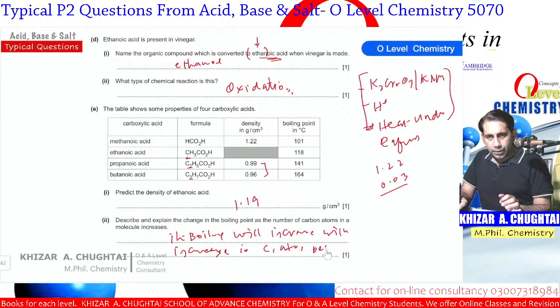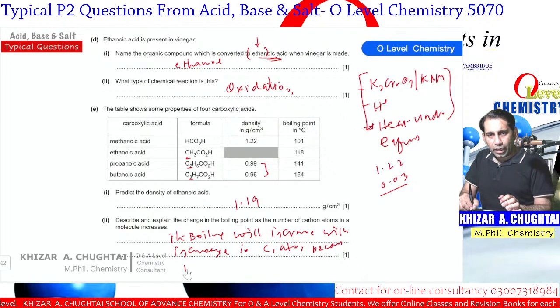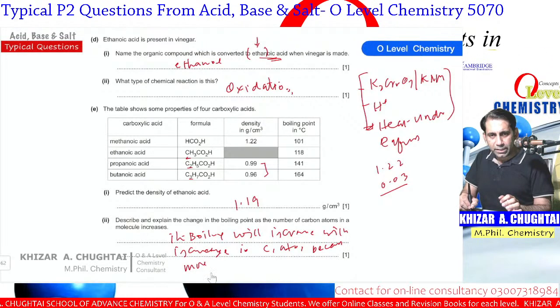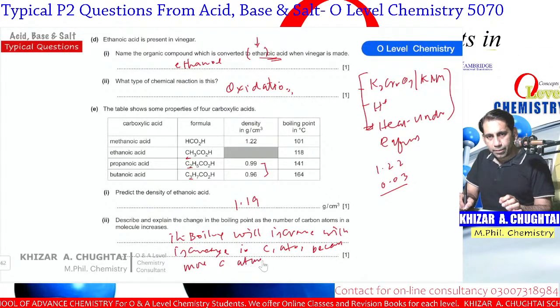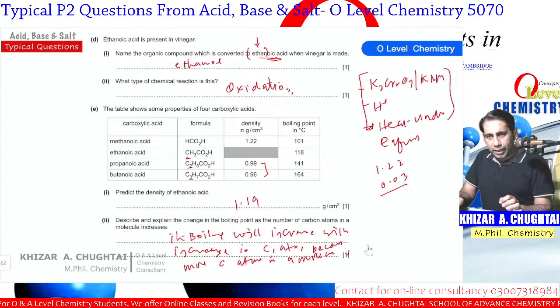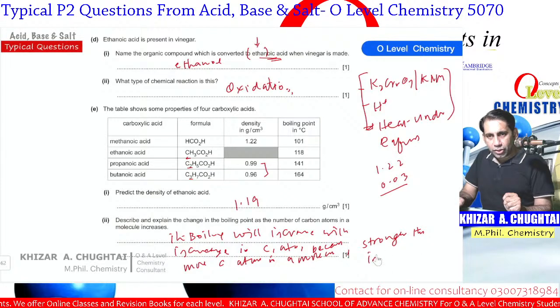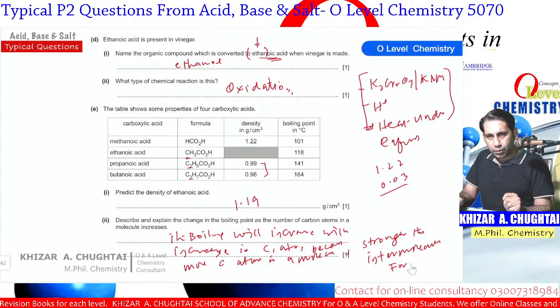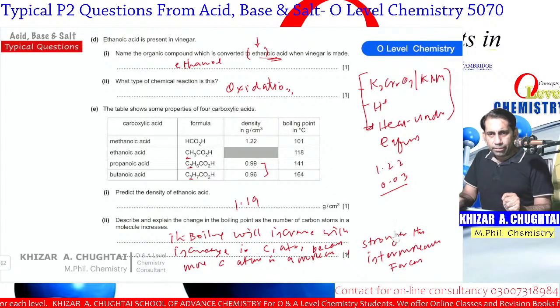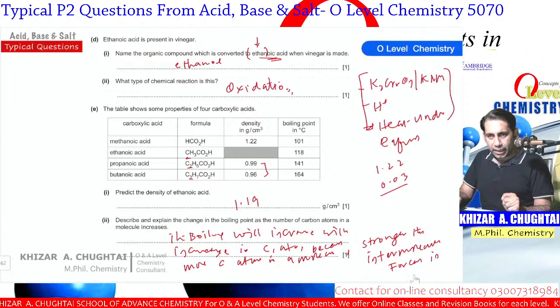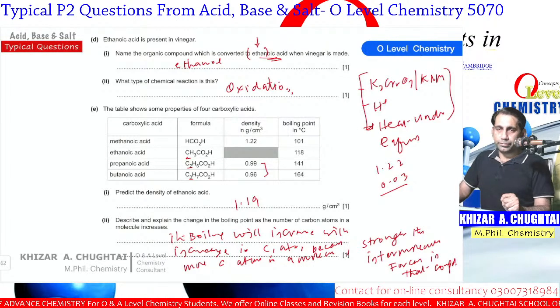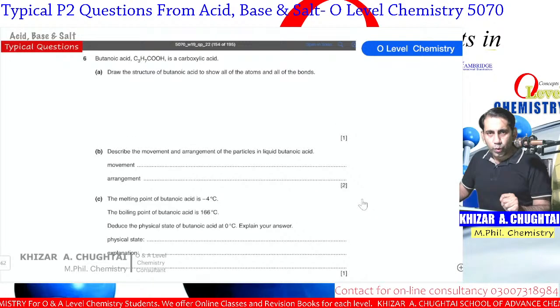Because more carbon atoms in a molecule means stronger intermolecular forces. The more carbon atoms, the stronger the intermolecular forces in that compound. And so on. Come towards the next one.